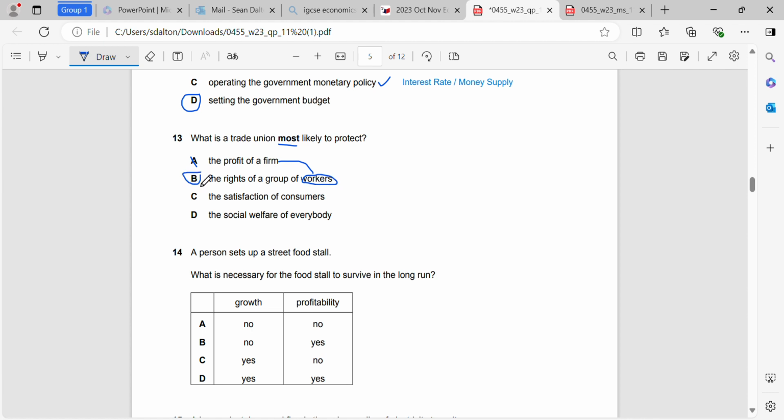A trade union is set up to protect the rights of a group of workers. They're trying to get them better wages, better working conditions, etc. The satisfaction of consumers has no interest to a trade union, and the social welfare of everybody, that also does not affect a trade union. The trade union only cares about the social welfare of the group of workers that they are representing.